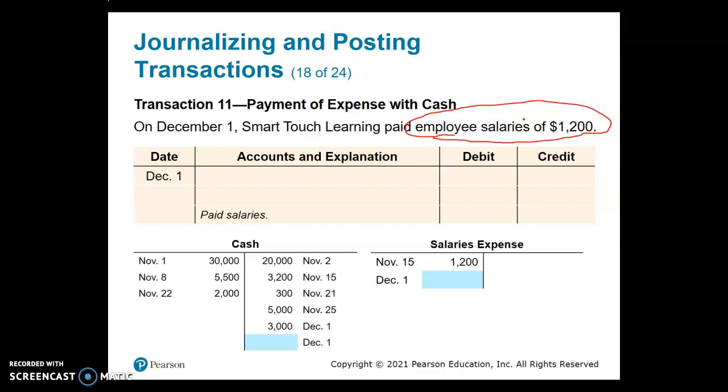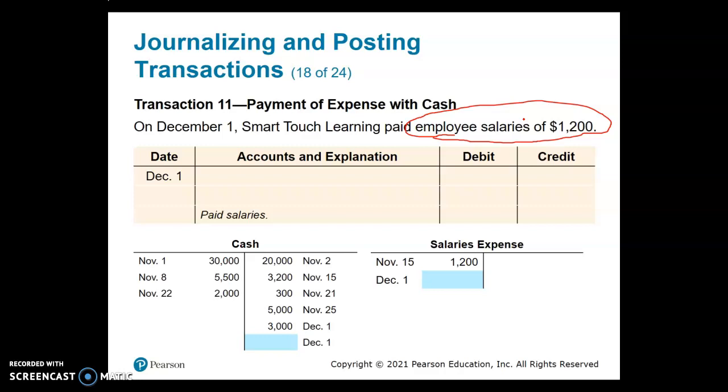Step 1, we had to identify the accounts affected. For this one, it's salaries expense and cash. Step 2, determine if it was going up or going down. Is my salaries expense going up or down? Is cash going up or down?